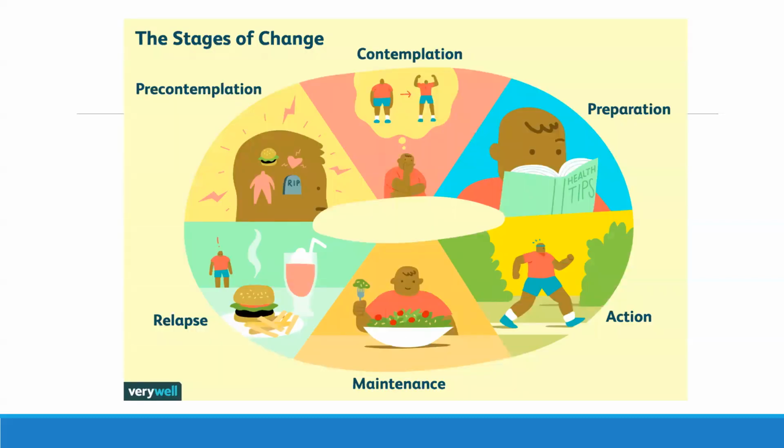This is just a visual that shows that for exercising and eating healthy. You can take a look at it: pre-contemplation, then contemplation, where he's thinking about what behaviors I could adopt, preparation, trying to learn about how you can do it, action, and then maintenance, making it part of your regular routine, and then relapse.